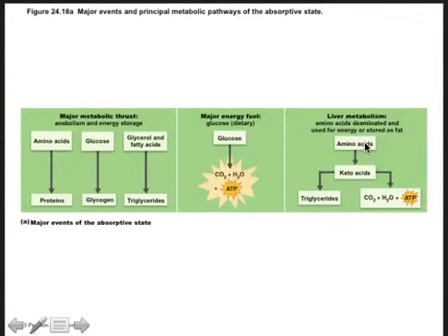Okay, so the amino acids, when they are stripped of their amino group, are transformed into keto acids. These keto acids can be used to synthesize triglycerides, or they can be used directly in the Krebs cycle to generate ATP.